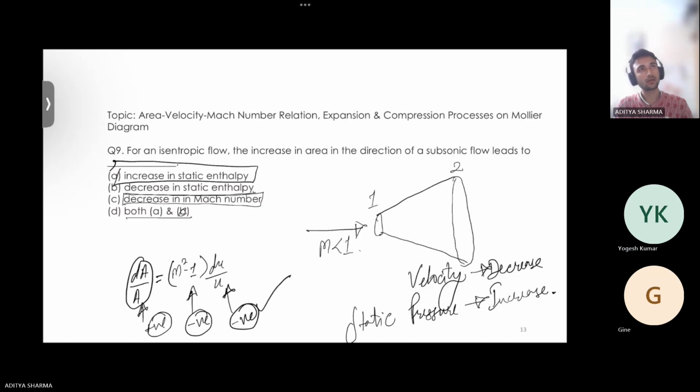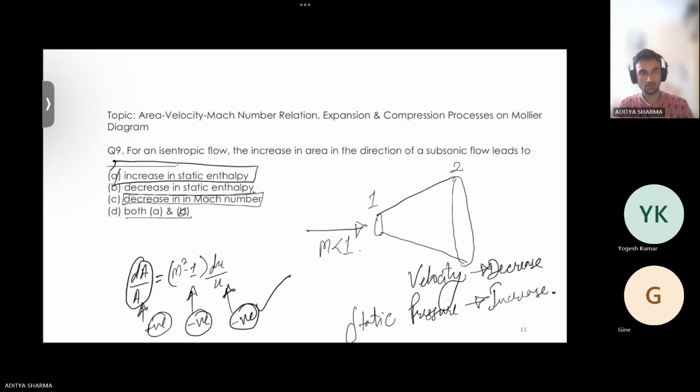But it's not just about area, Yogesh, all right? It's about what type of flow it is, whether it is subsonic or supersonic. Just because area has increased or decreased, just based on this information, we cannot deduce whether the static enthalpy has increased or decreased. We need to see whether its potential has increased or decreased.